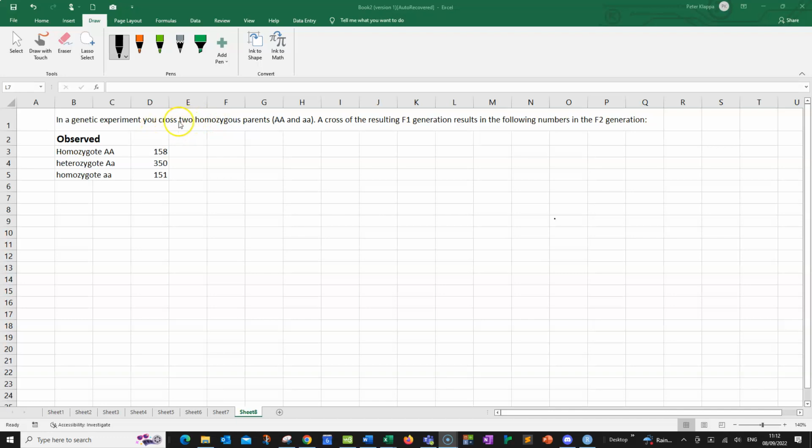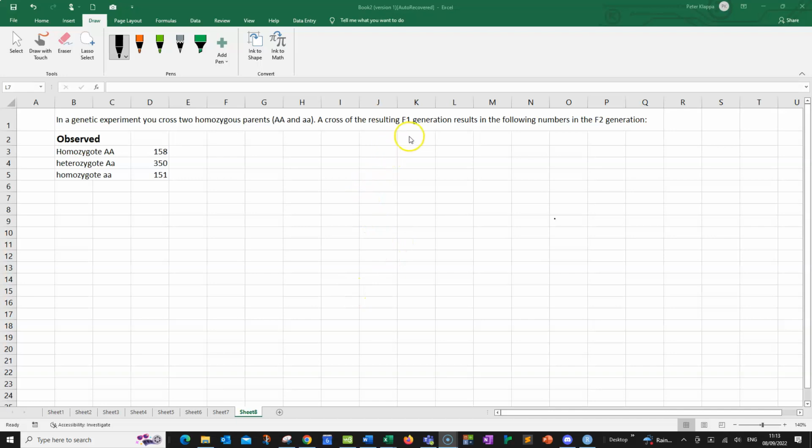We have been given that we cross two homozygous parents, capital A, that is the dominant allele, and lowercase a, which would be the recessive allele. And we take the offspring of these crosses and cross these offspring. So what have we got?